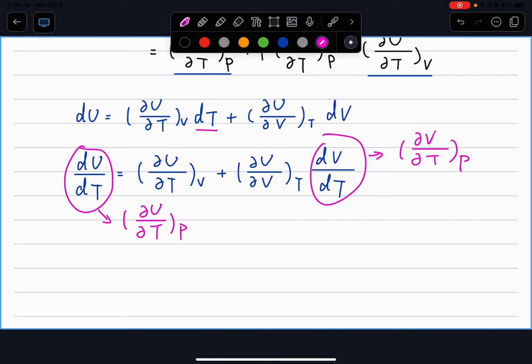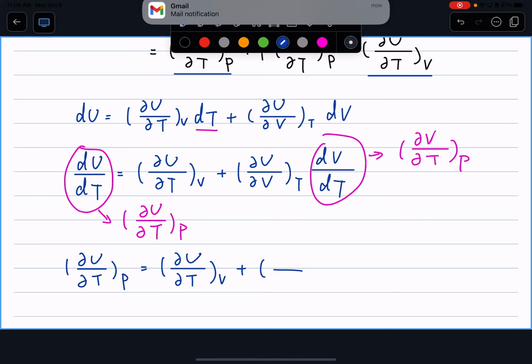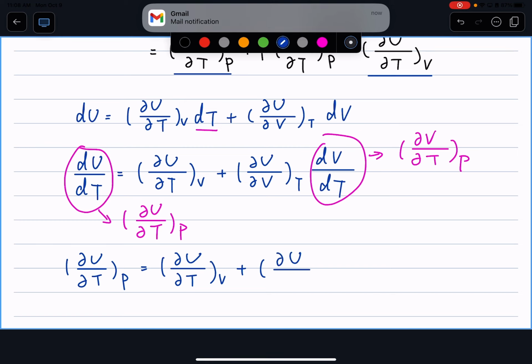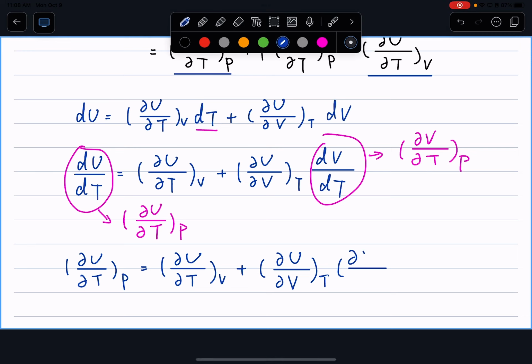So what we end up having is a relationship where dU over dT at constant pressure equals dU over dT at constant volume plus the partial derivative of U over V at constant temperature times the partial derivative of V over T at constant pressure.